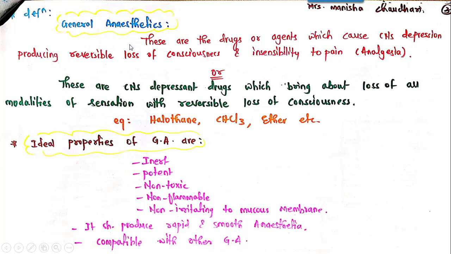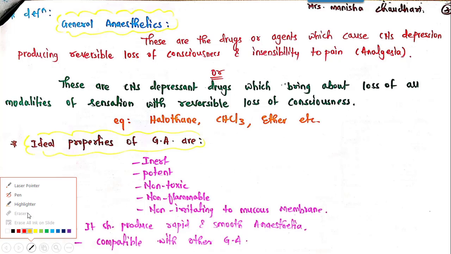So the drugs also remain the same. They cause CNS depression, producing reversible loss of consciousness. That means consciousness is lost, but it is reversible, so it can be regained once the effect of the drug wears off. And insensibility to pain, that is analgesia, meaning the patient will not feel the pain. So the definition is: these are the drugs or agents which cause CNS depression, producing reversible loss of consciousness and insensitivity to pain.